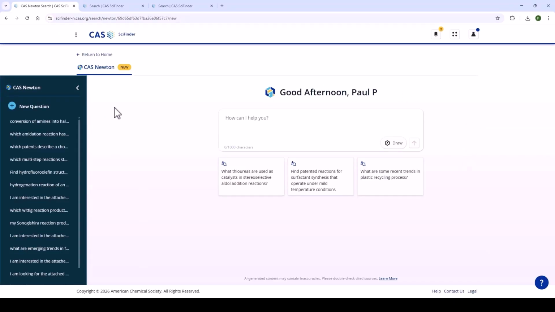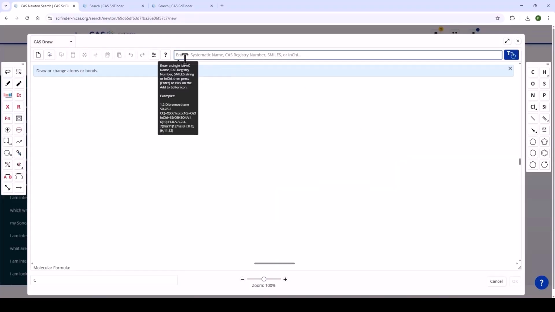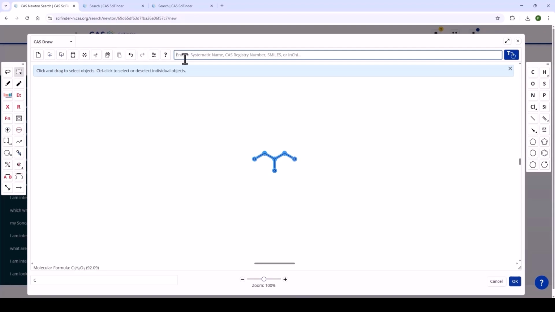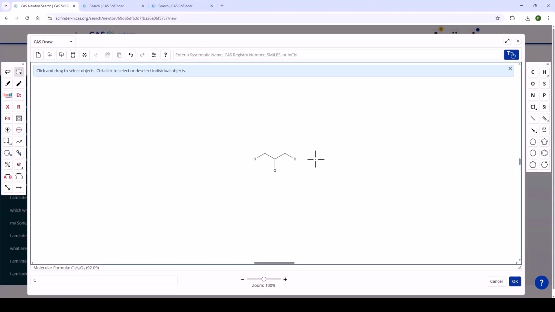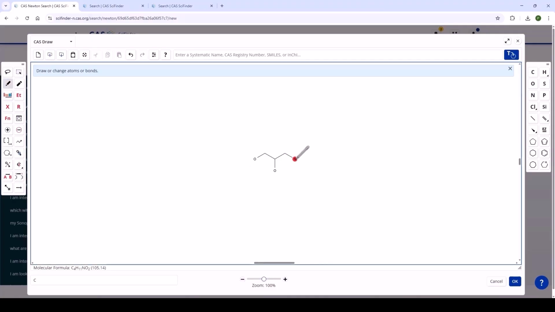So let's look at a query where we would also use a structure as part of the intended query. So let's draw the structure. I can enter a name, glycerin, to get that particular part of the structure, and then I would like to modify one of the oxygens into a nitrogen, and then I would like to have two alkyl groups positioned here.